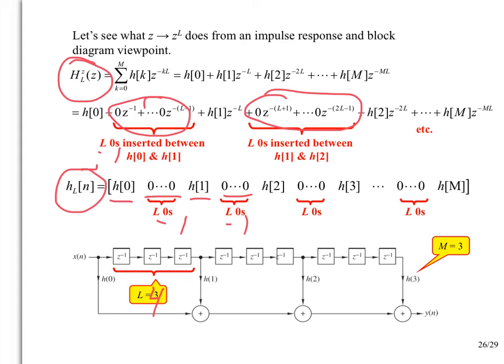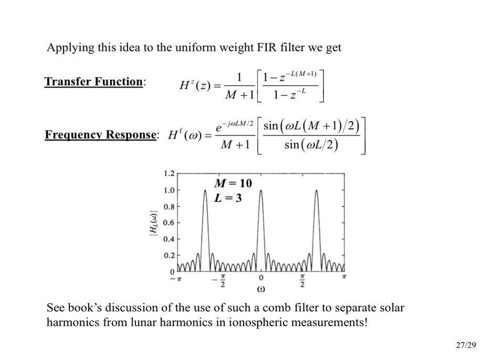So this is how we would implement it in a block diagram, and that block diagram could drive how we write code or how we build hardware to do this. You should be able to convince yourself that this block diagram does indeed follow from that impulse response. If we applied this to the uniform weight FIR filter that we had before, we could get something that looks like this.